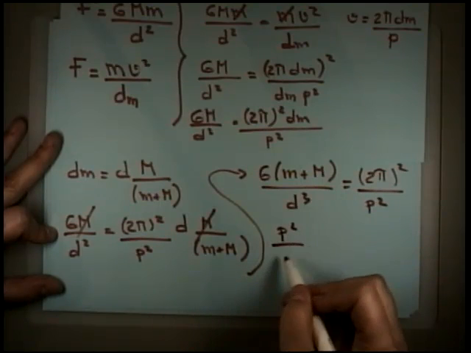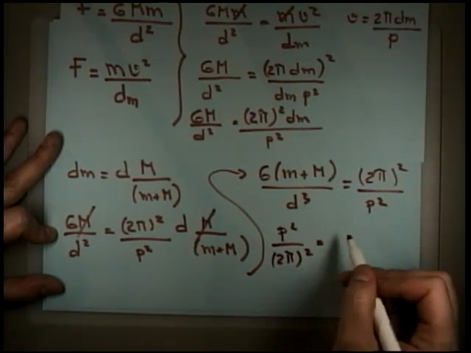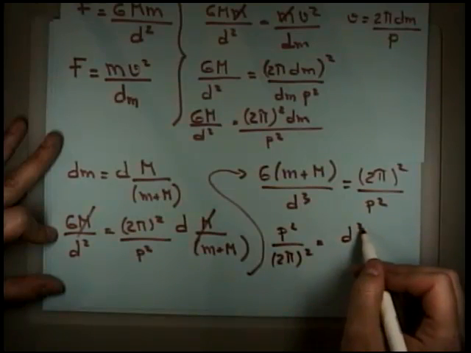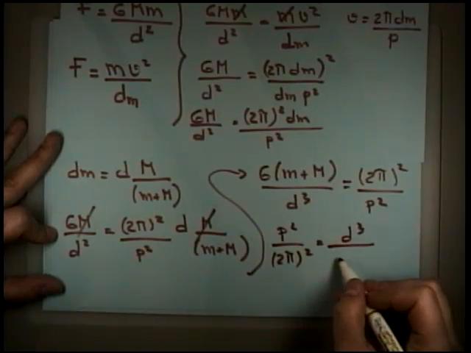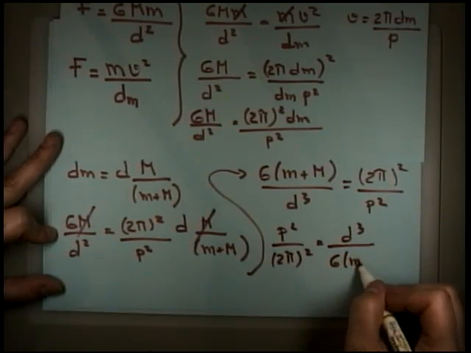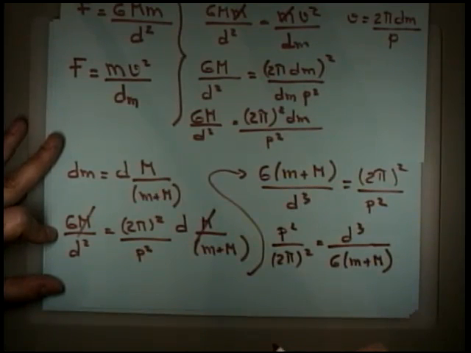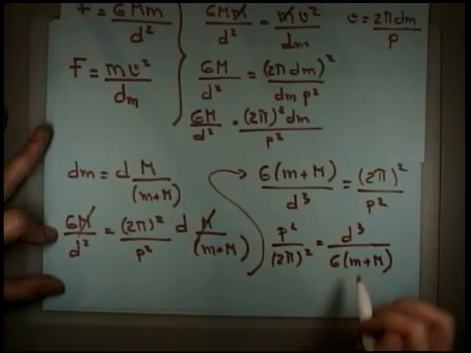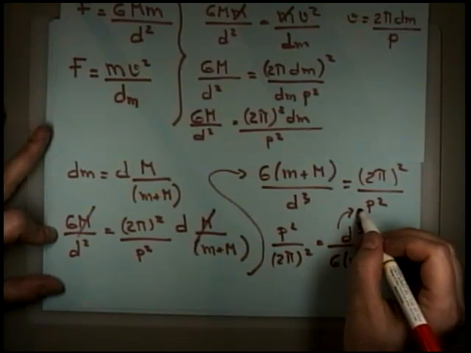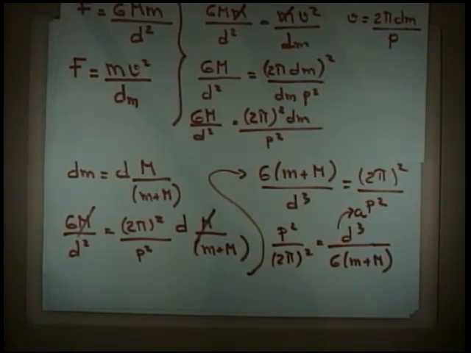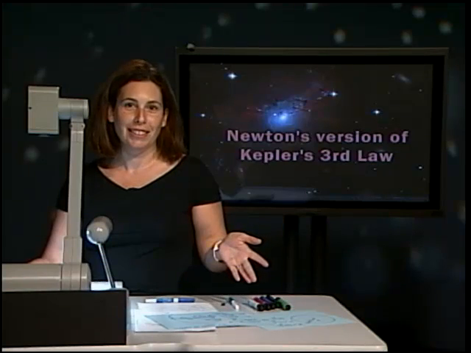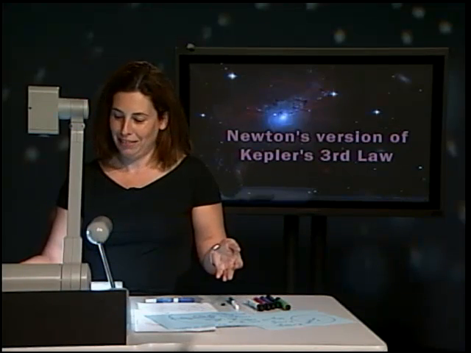P squared over 2 pi, all of it squared, equals d cubed over G times little m plus big M. And remember that d is the average distance. It's the distance between the two centers. So this is your a that you saw as an a. Pretty easy. Boring, but easy.